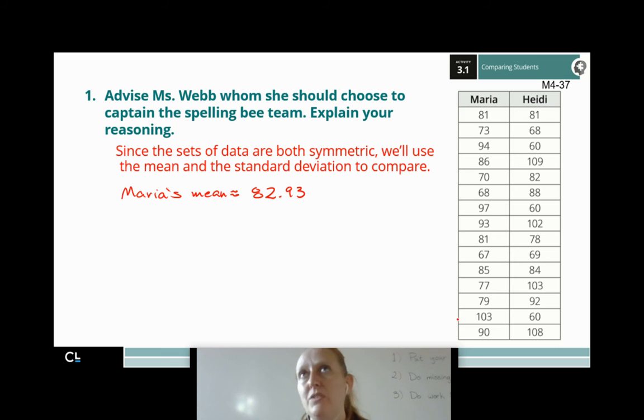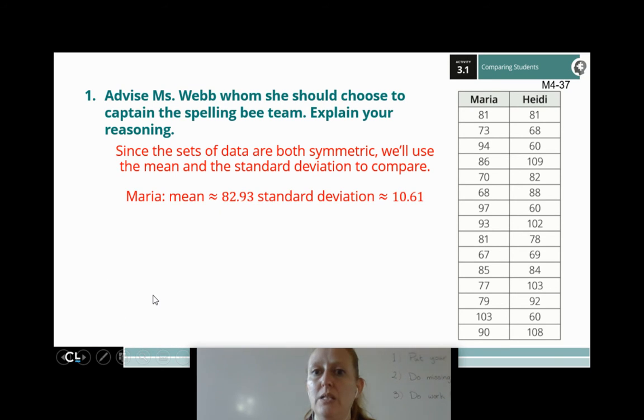So I divided by 15 minus 1, which is 14. And then I did the square root. It was so much work. And I found out that Maria's standard deviation was 10.61. Hopefully you got something close to that.